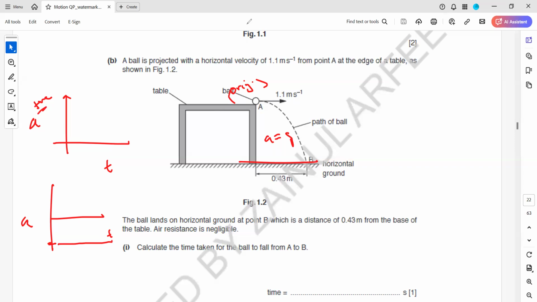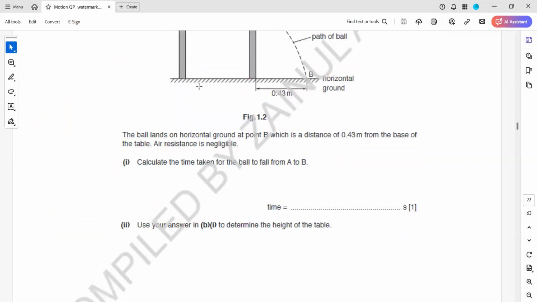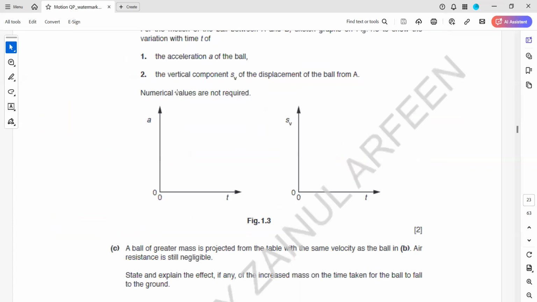But as you see in the question, for the acceleration, they only took the positive axis. So in what case will we have a positive axis acceleration? It means we did not consider the origin at the ground; we consider the origin at the top.